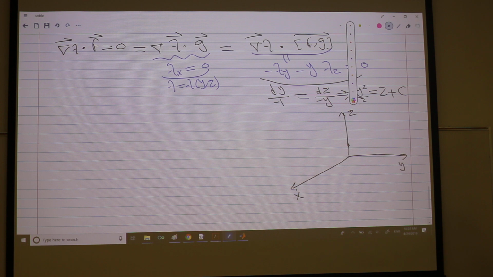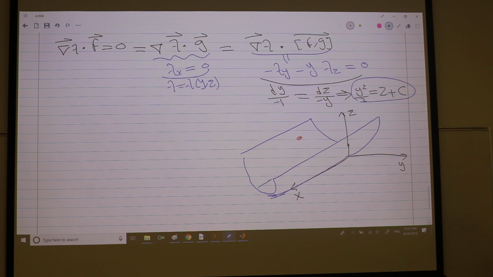I have a parabola in the yz plane, so here is my parabola, and it's constant along x, so it's extruded along x, like that. And so this is indeed your integral manifold, right?